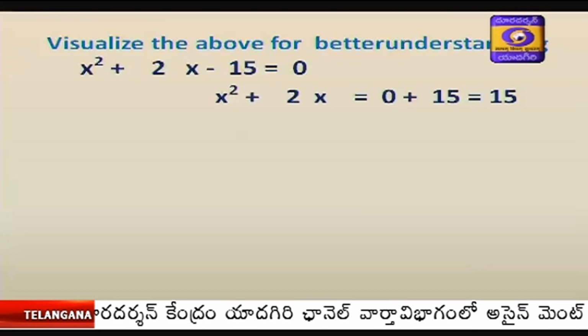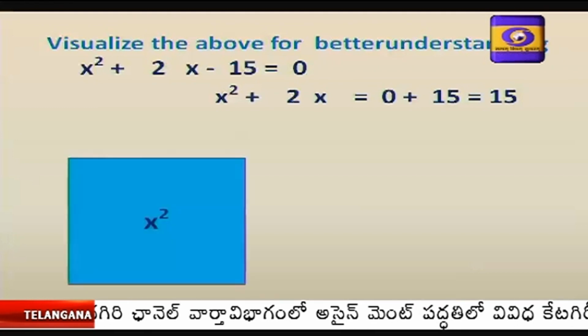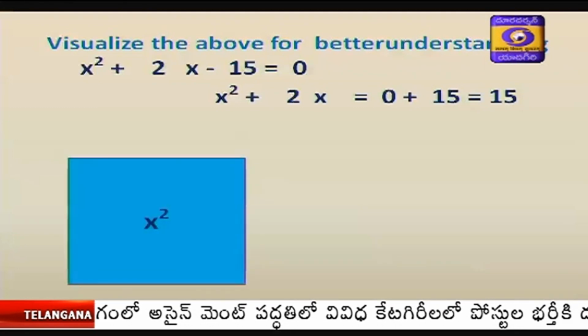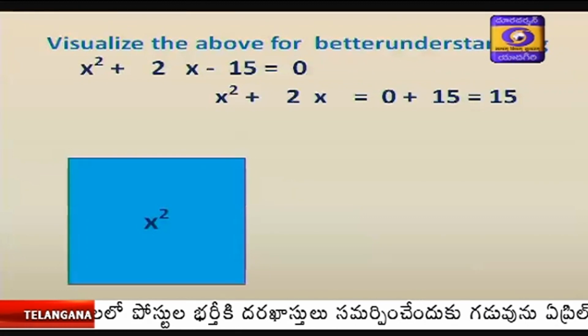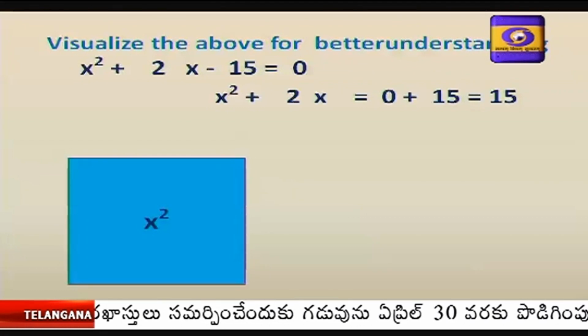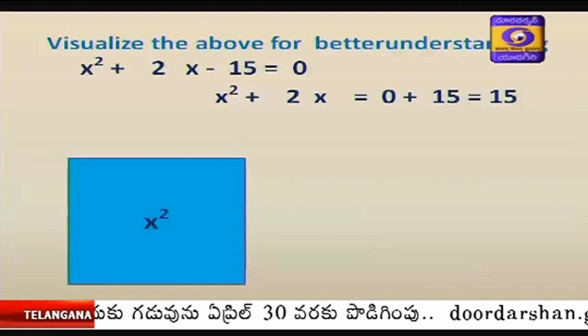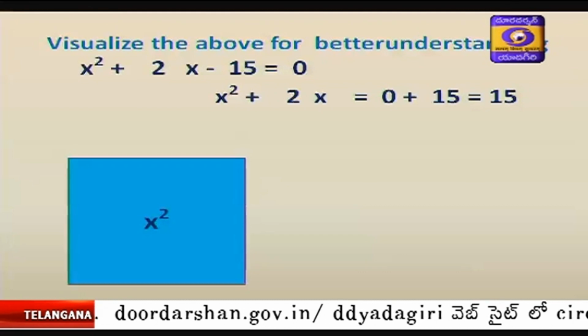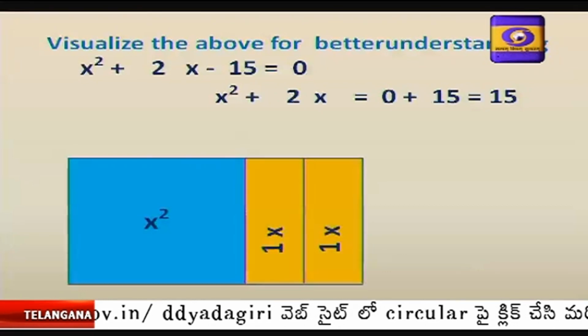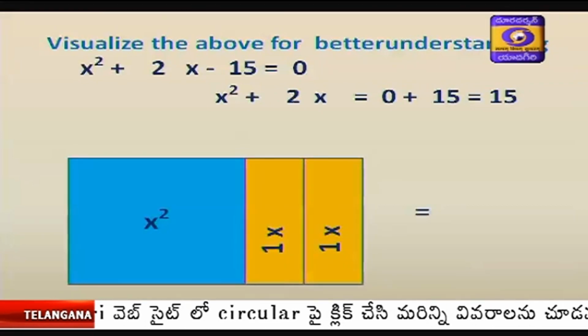Then I am considering this left side x square as a square x square, and the entire 2 x. What I tell in the third step, we have to add the square of half of the coefficient of term b. Here I am taking term b as 2 x, on the right hand side it is 15.